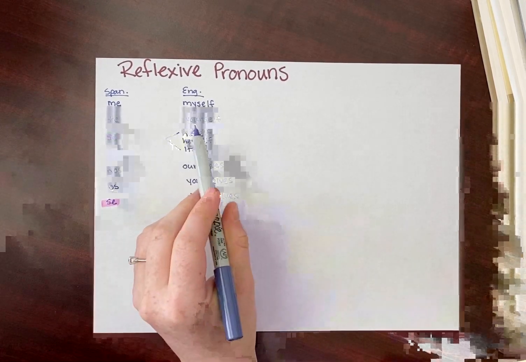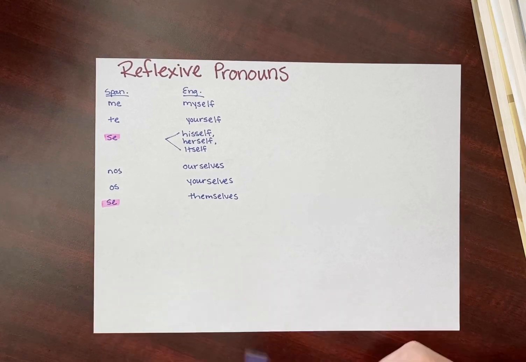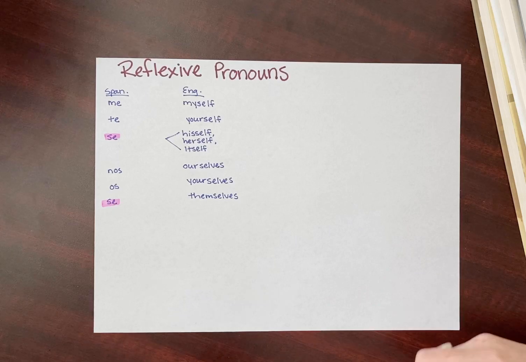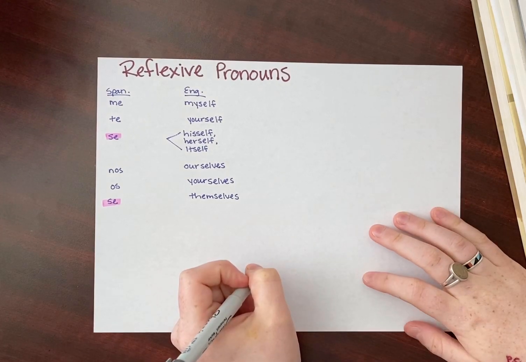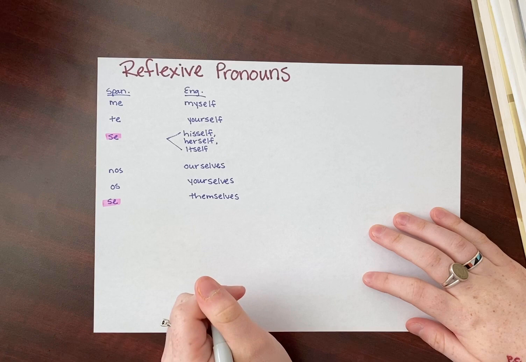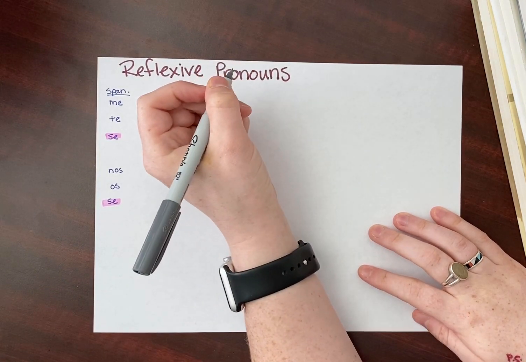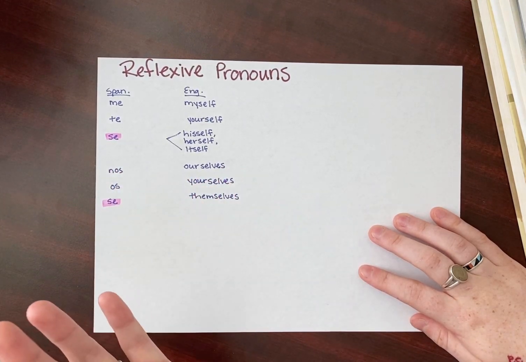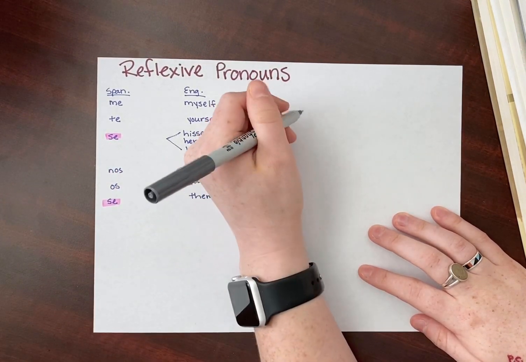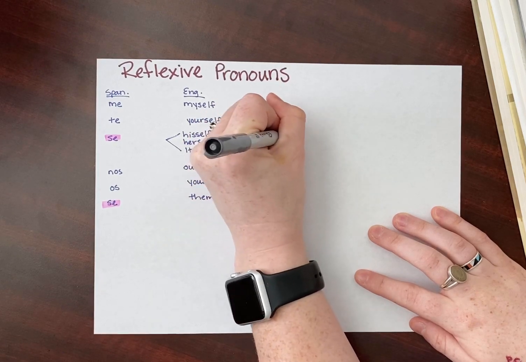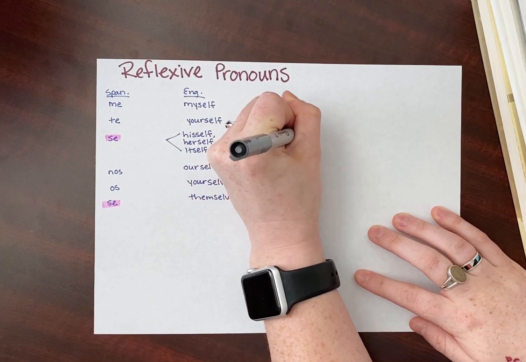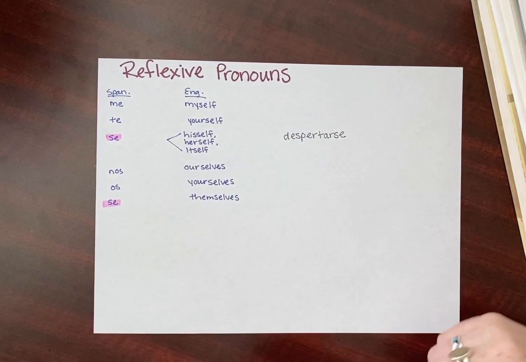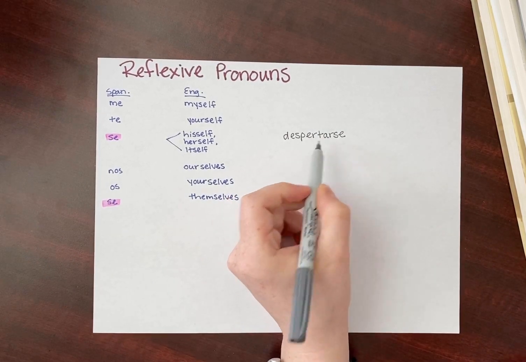So now that we have the reflexive pronouns that we're going to use in Spanish, now we're going to look at the verbs. So for an example, the infinitive, which is the dictionary word that you would look up to find what this word means, the infinitive would be despertarse in Spanish.